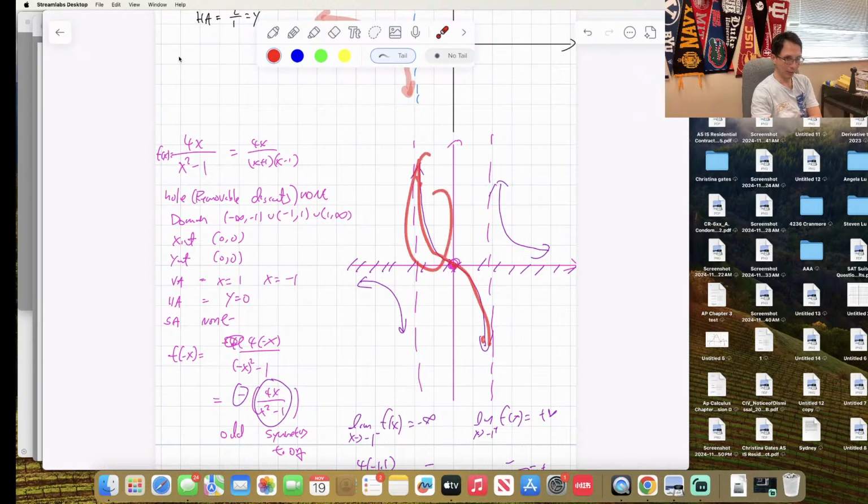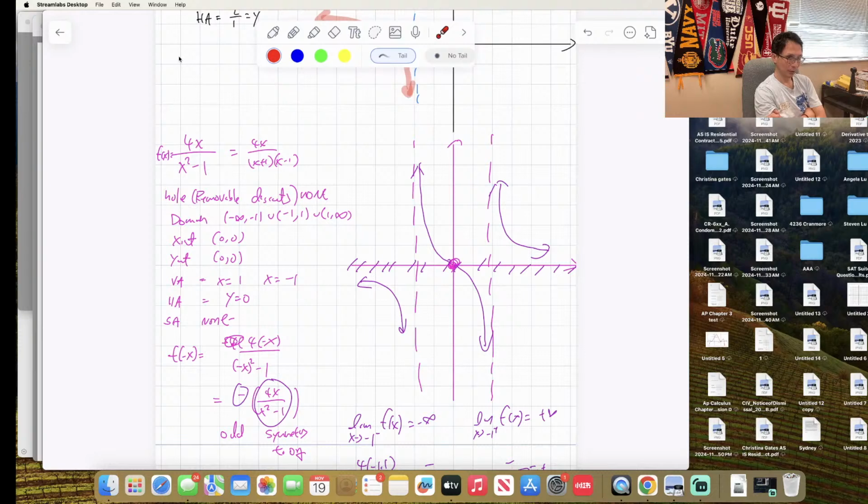This side is similar to this side, and this side is similar to this side. Is it negative x squared? Because negative x inside the square is equal to x squared. So right here it's going to be x squared minus 1, same as before, because you plug in negative x for x.